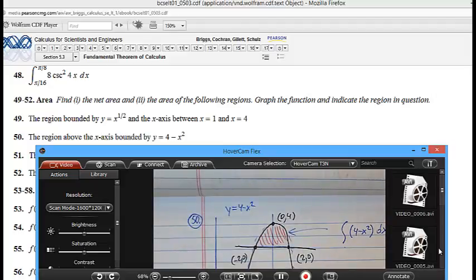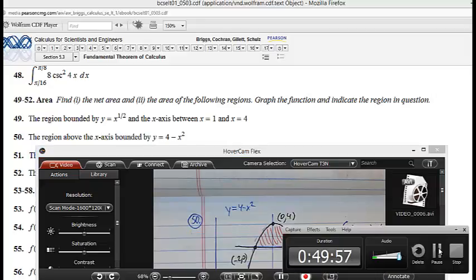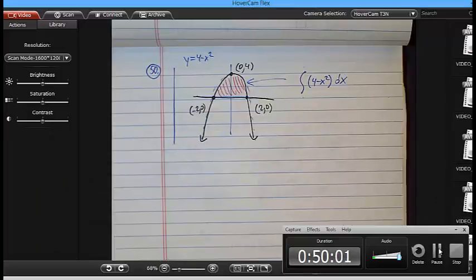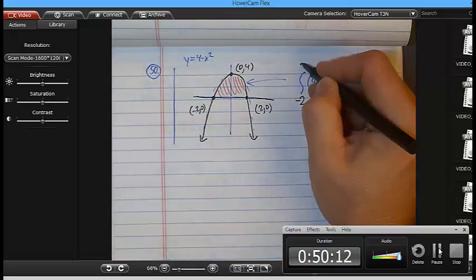What do you put above and below the integral? Can you talk to each other about that for a few seconds? That'd be worth talking about. Guys have it? What are we going to put there? Negative 2 to 2. -2 and 2.